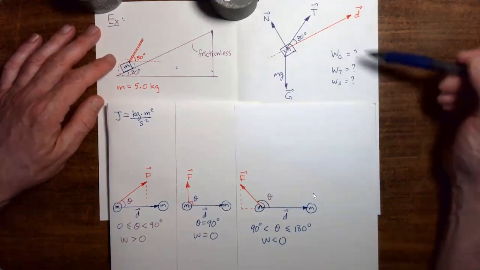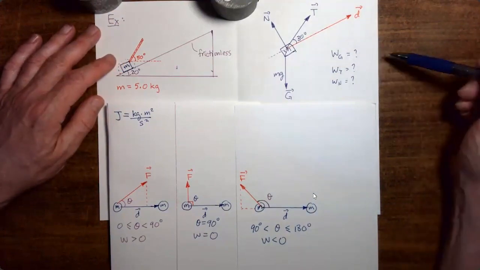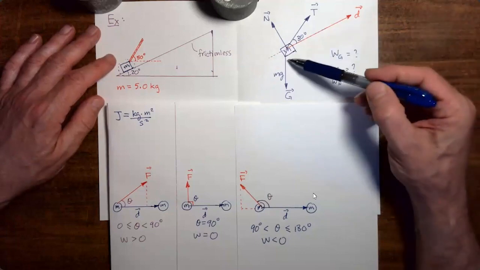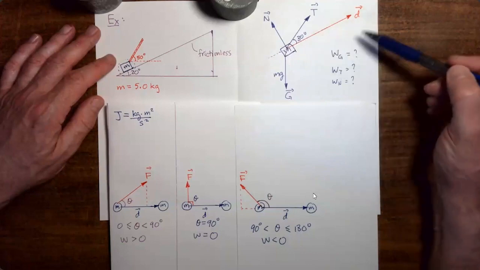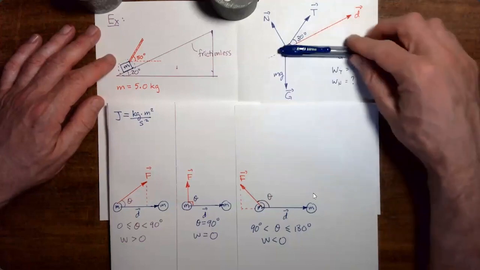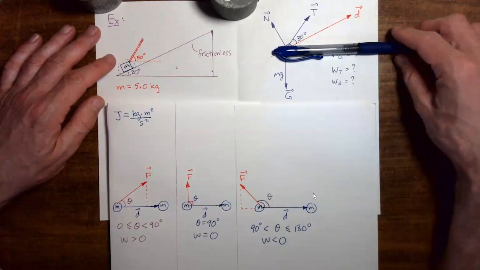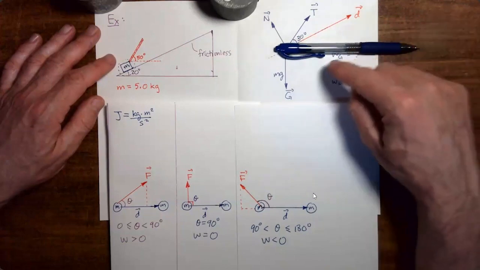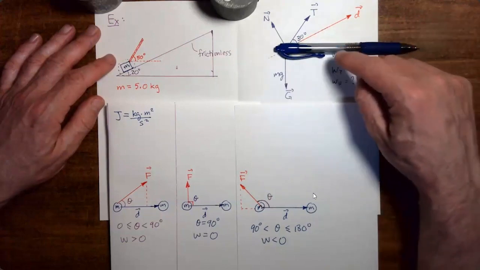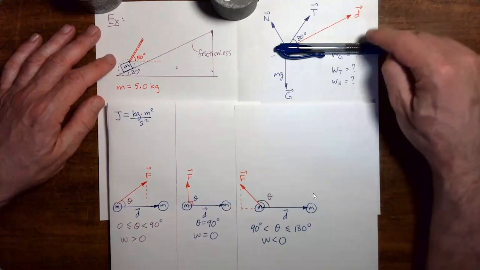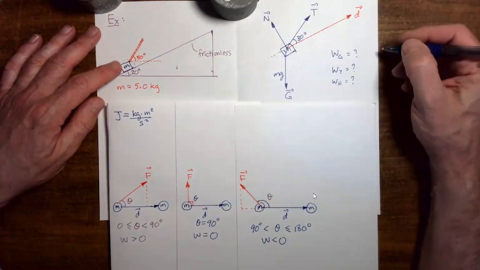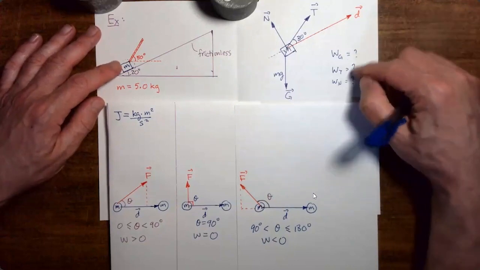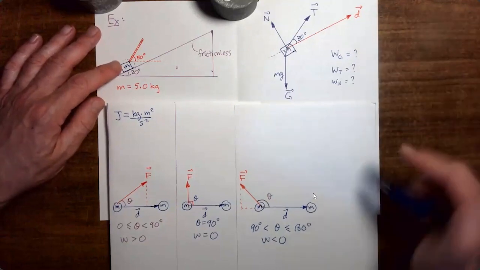Let's talk about the gravitational force first. Can you see that the angle between the gravitational force and the displacement vector is an obtuse angle, right? So between the gravitational force and the horizontal in here, that would be 90 degrees. But then to get up to the incline, we would add another 20 degrees. That puts us into an obtuse angle, and the work done in that case would be negative according to this figure.